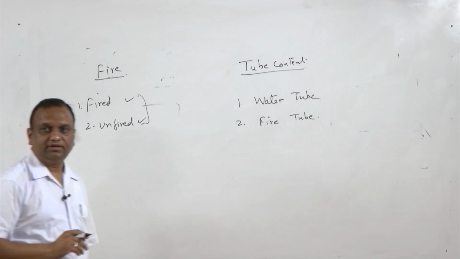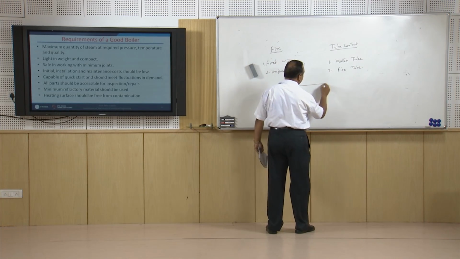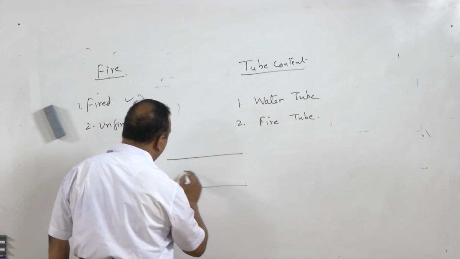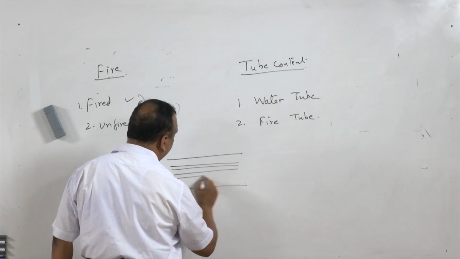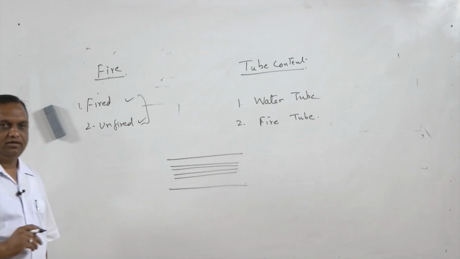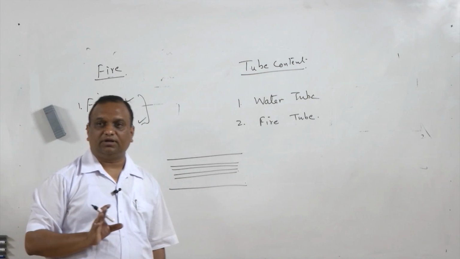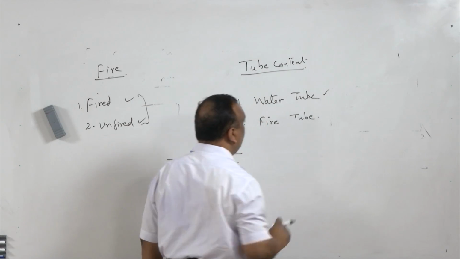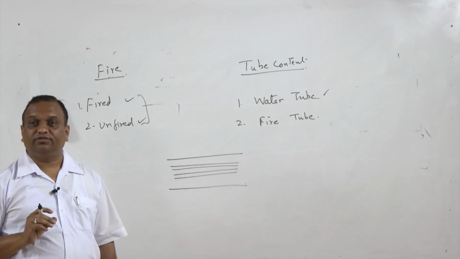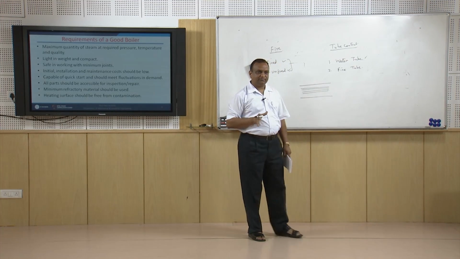In a typical arrangement of a boiler, there is a shell, and there are a number of tubes, maybe a single tube or a number of tubes. Nowadays, most of the high pressure boilers are water tube boilers, where water is circulated inside the tubes and the shell is filled with the flue gases.